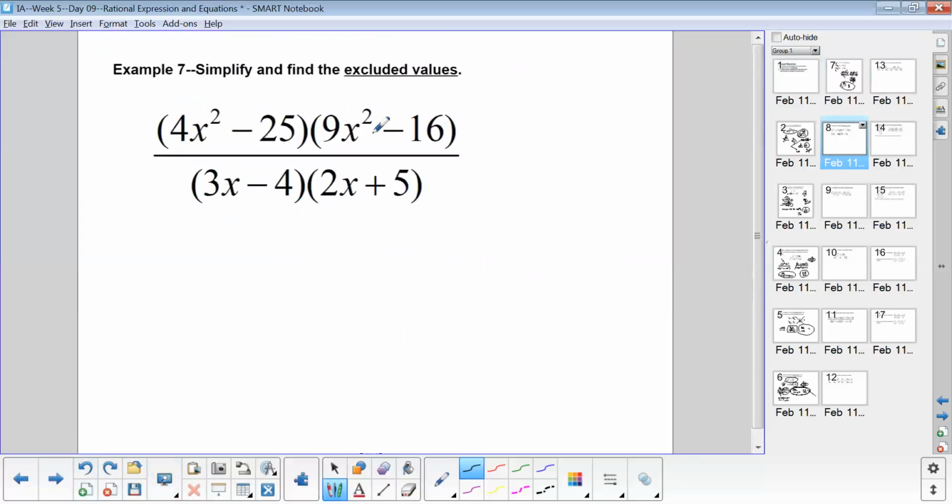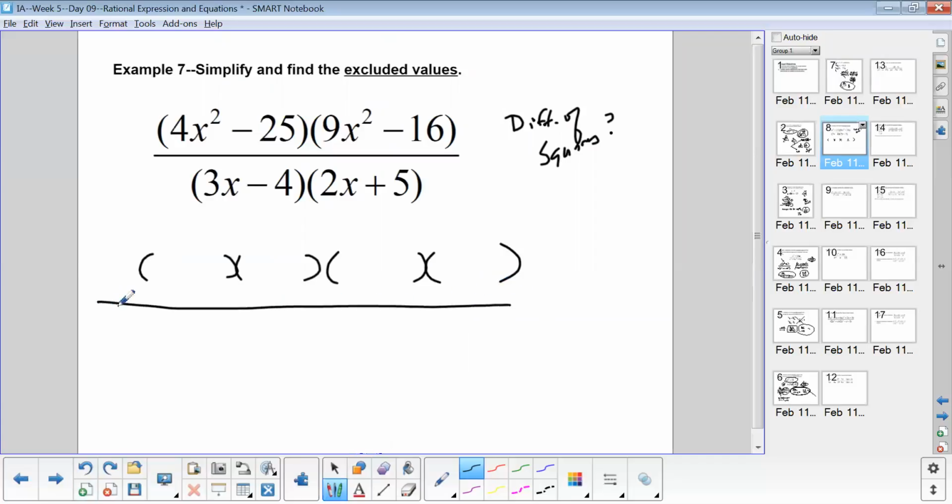All right, looking at this, I see squared terms, and only 2 terms. So you're always thinking, well, could a difference of squares work here? And that's part of exam 1. And that will work, because 4x squared is a perfect square, and 25 is a perfect square, and 9 is a perfect square, and 16 is a perfect square.